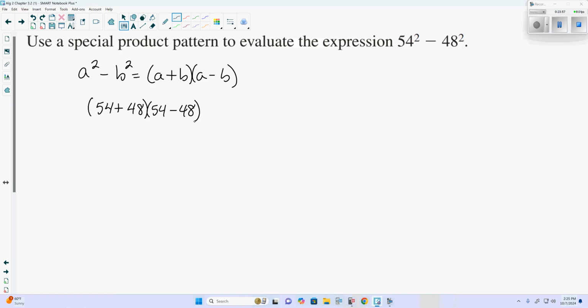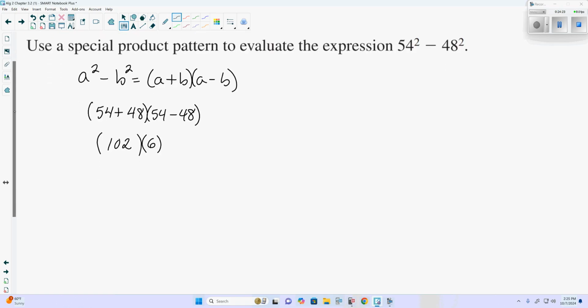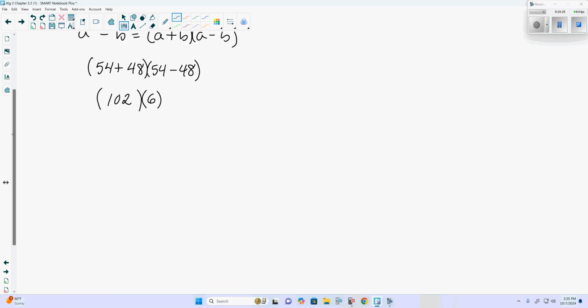So if we use this pattern here, we can do 54 plus 48 times 54 minus 48. Well, the first thing we would need to do is add 54 and 48. 54 plus 48 is 102. 54 minus 48 is 6. Now we just need to multiply these together.